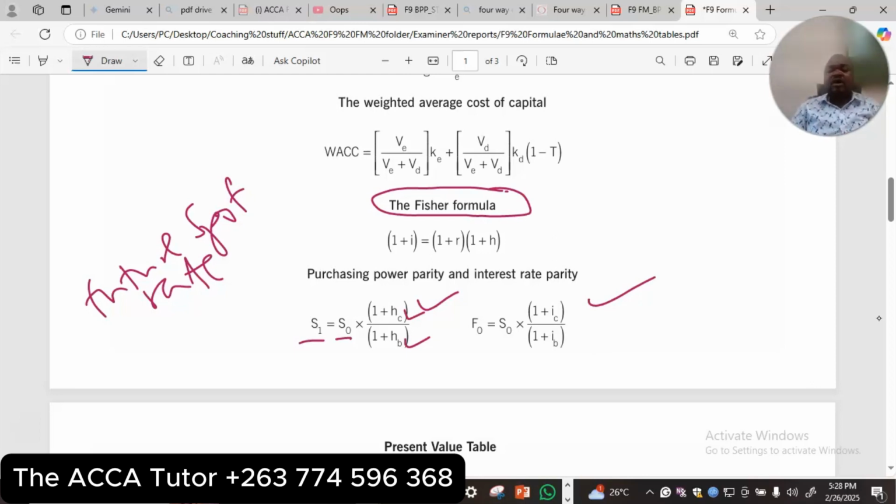So what it entails is that if the inflation rate of the foreign country is going to be higher, it then means that the future spot rate is actually going to increase.